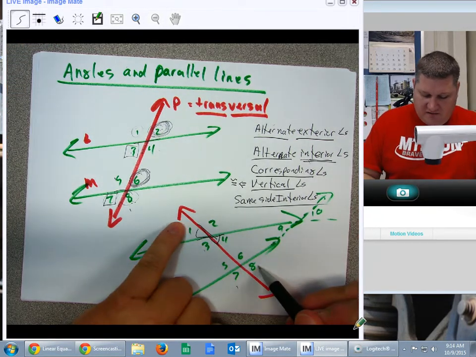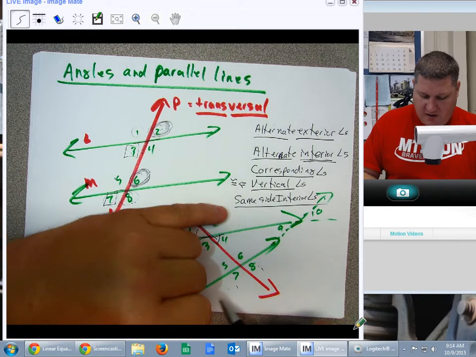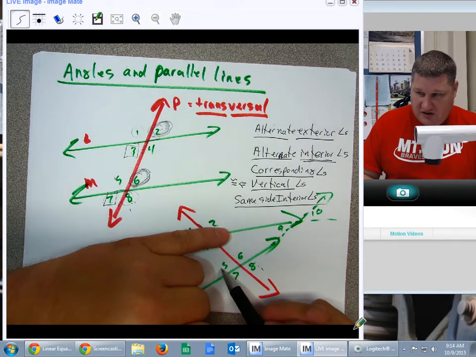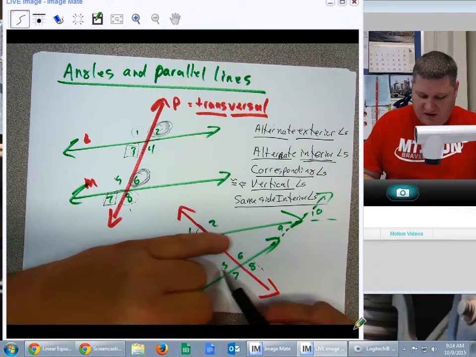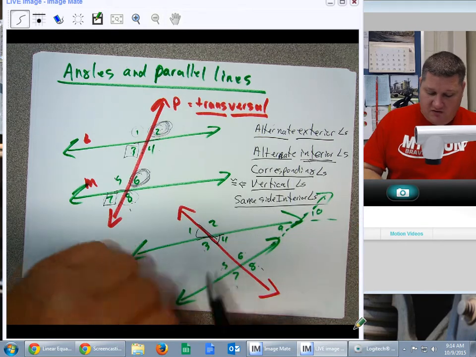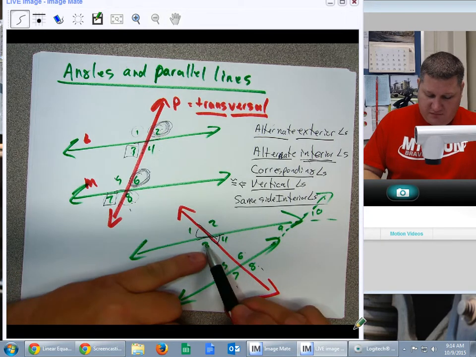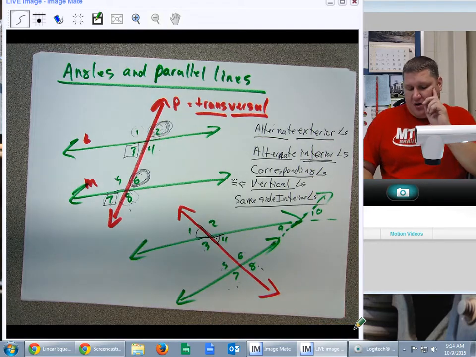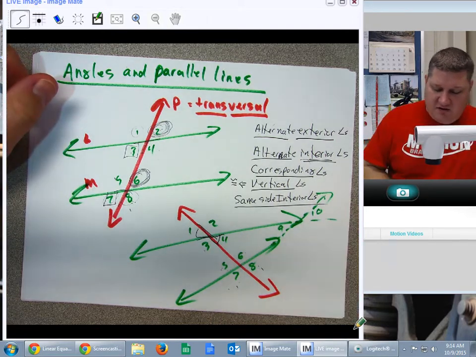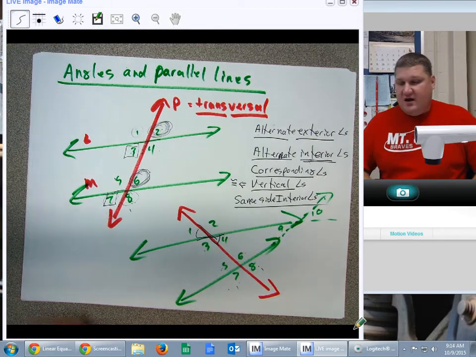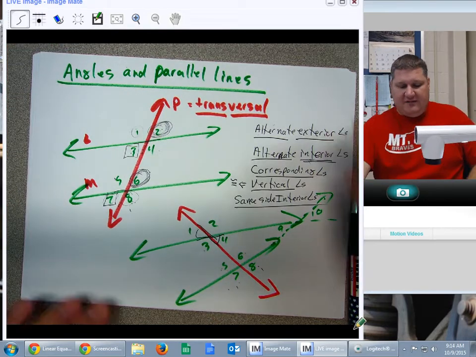So alternate exterior, opposite sides outside. Alternate interior, because they're opposite sides but inside. We have corresponding. 1 is to 5, 3 is to 7, 4 is to 8, 2 is to 6. All those are corresponding. Vertical angles we already talked about, and same side interior, 3 and 5, 4 and 6. Now, those are the names of the angles.